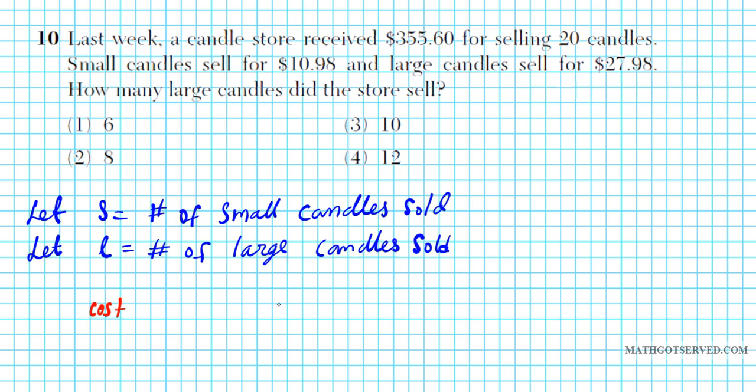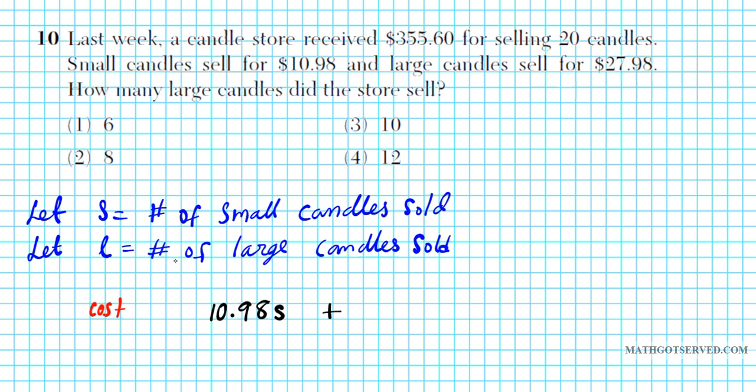For small candles, they sell for $10.98 each, and you sold a total of S. So the unit price for small candles is $10.98 times the quantity, which is S.